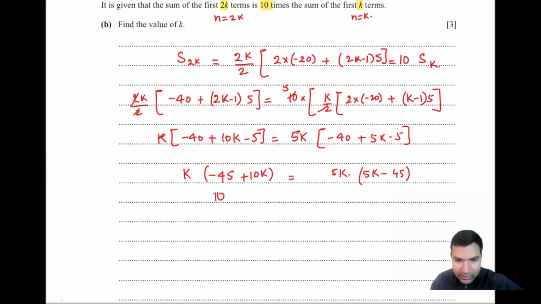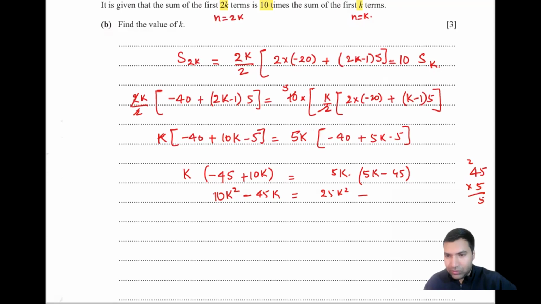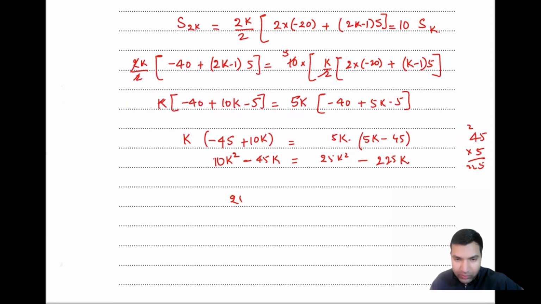So if I open this, I'll basically get 10k squared minus 45k equal to 25k squared minus 45 times 5k. So 45 times 5 would be 225, so that's 225k. Okay, now shifting everything to the right-hand side, I'll get 25k squared minus 10k squared minus 225k plus 45k equal to 0.